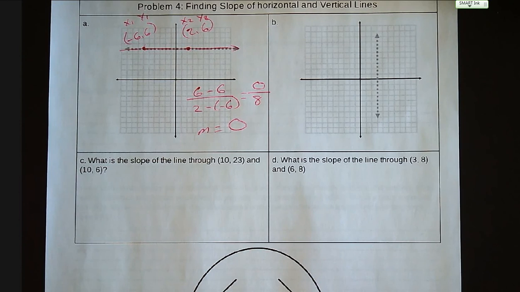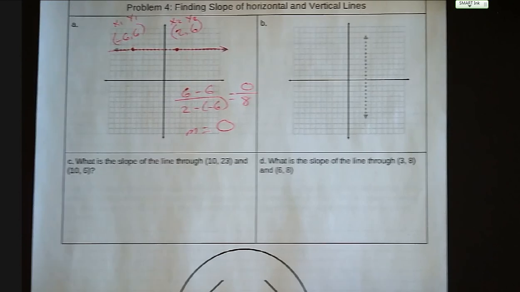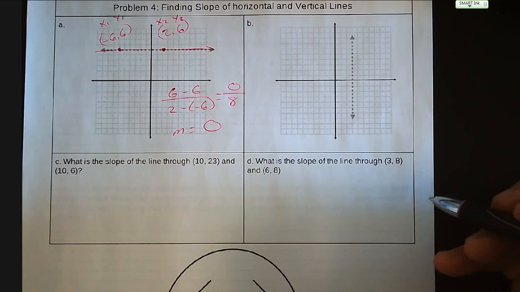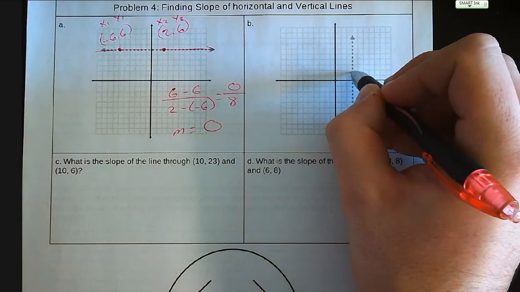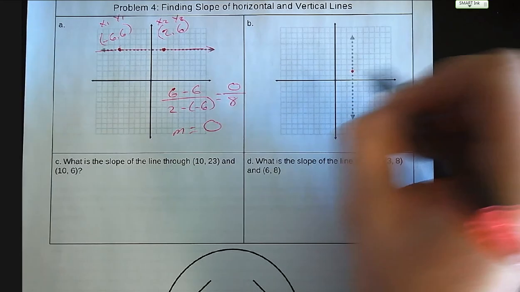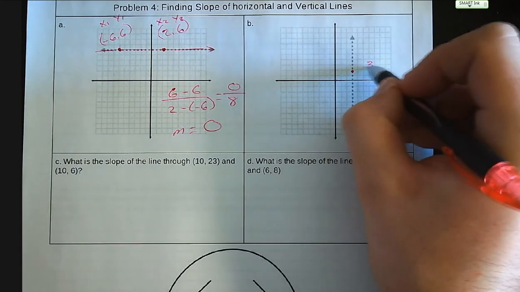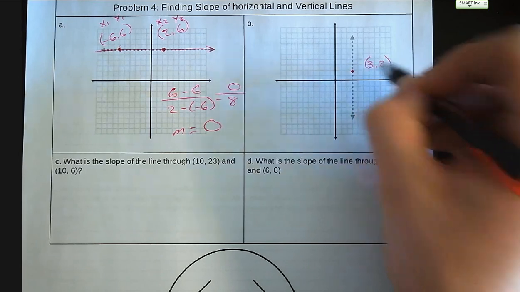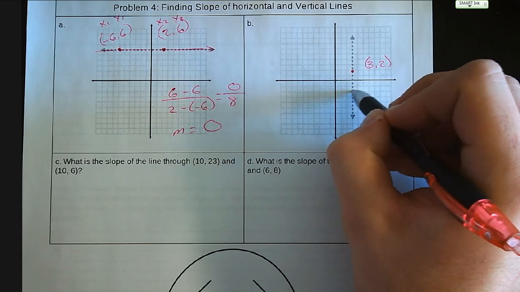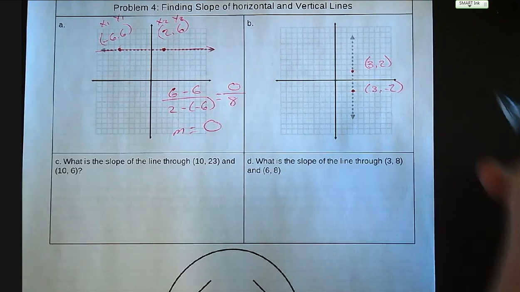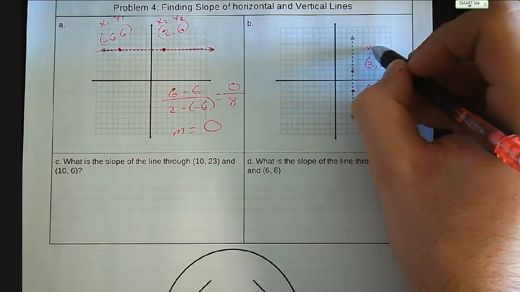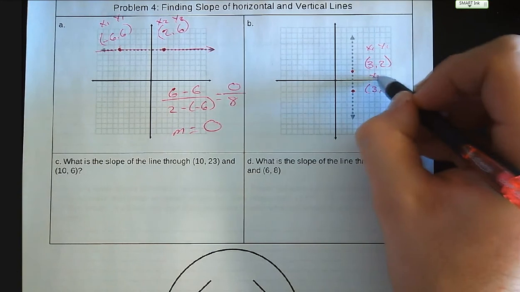All right, now let's take a look at letter B. Let's pick two random points on that vertical line. So we have a point at 3, 2, and 3, negative 2. So let's do our rise over run: y2 minus y1 over x2 minus x1.